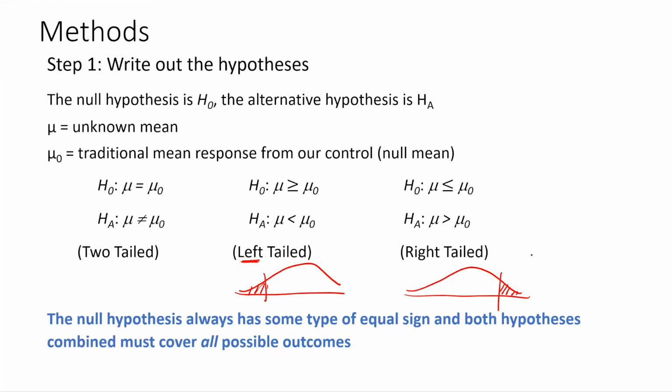A two-tailed test is looking at both tails. The null hypothesis always has some type of equal sign, and both hypotheses combined must cover all possible outcomes. They must include the entire sampling space.